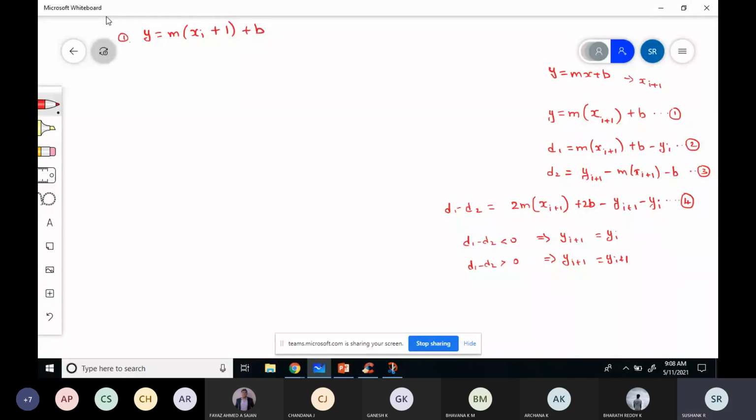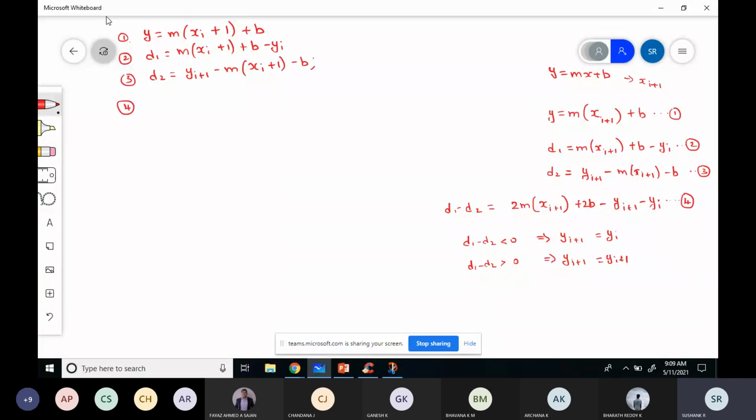So the second one, d1 will be m into x of i plus 1 plus b minus yi. Then d2 will be y of i plus 1 minus m into xi plus 1 minus b.